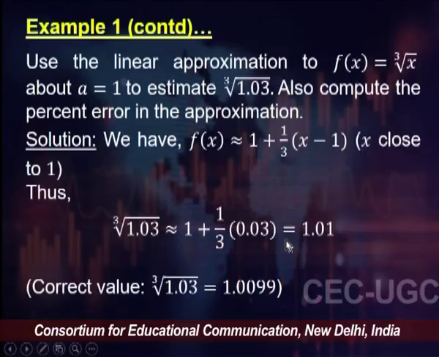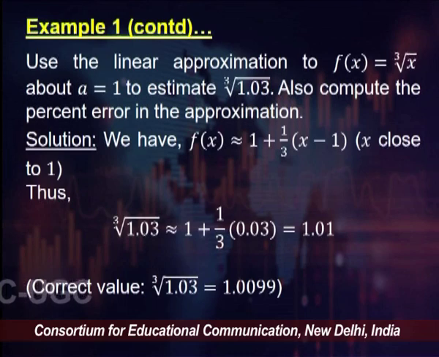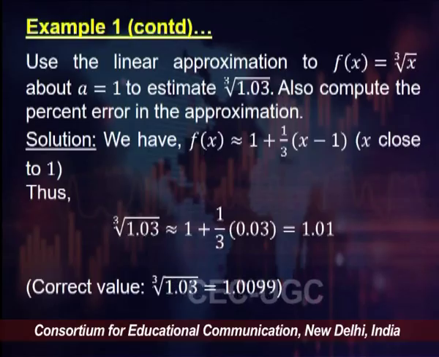So, this is a pretty good estimate, 1.01, and this also gives us a message that sometimes, when we don't have calculators, or if we don't have a scientific calculator, it is easy to use these kinds of principles, linear approximations or higher order approximations, to carry out our calculations. So, this is a smart way of doing it without using a scientific calculator.